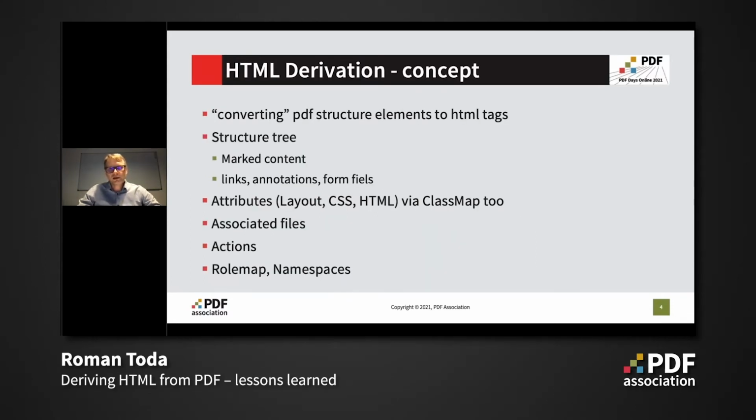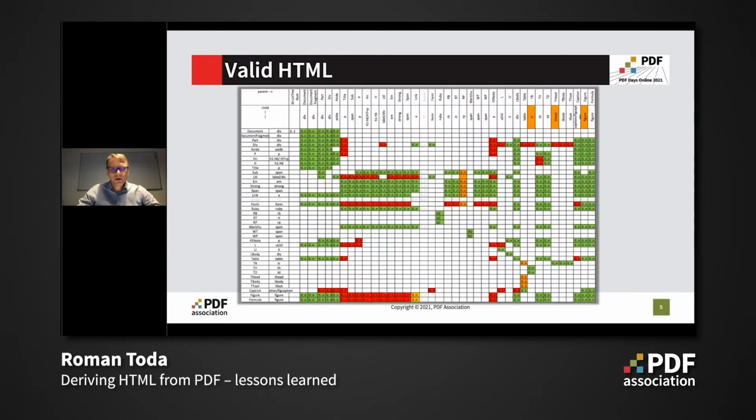As I said, the concept is to convert PDF structures, tags, attributes, and associated files. We are considering actions, class maps, namespaces, and role maps in a very deterministic way. We are also considering differences in PDF and HTML languages.